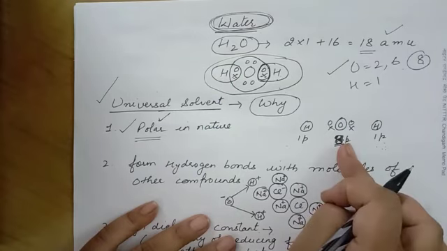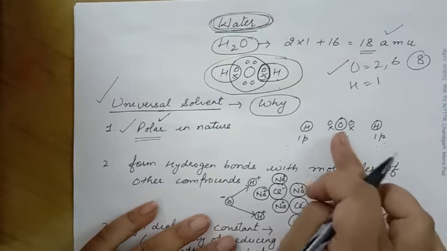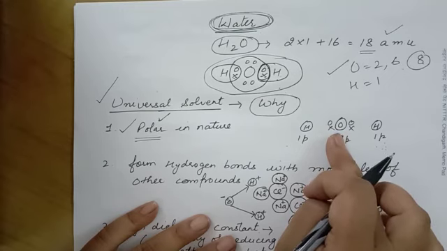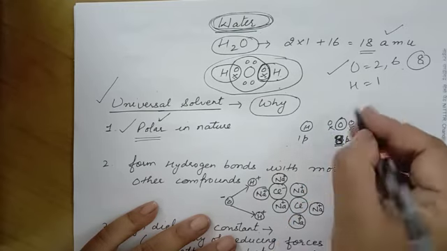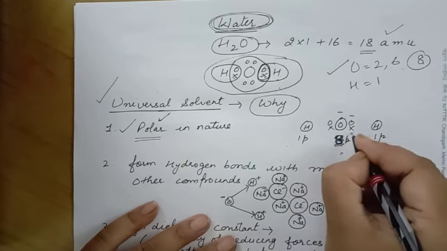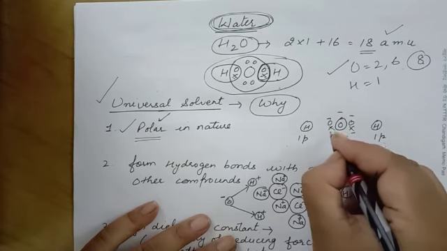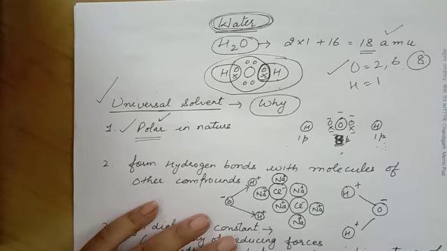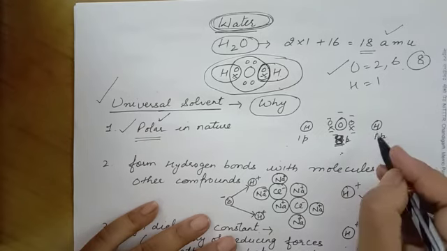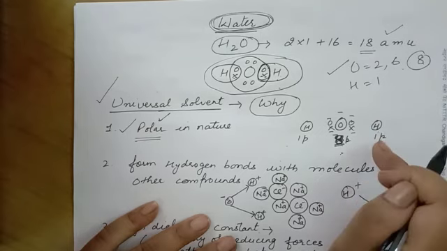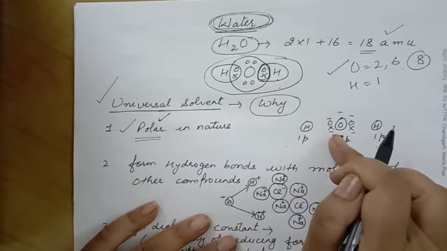So as the effect of 2 more electrons is with oxygen, the oxygen develops a negative atmosphere around it, or you can say negative pole, whereas hydrogen, its own electron is towards oxygen.